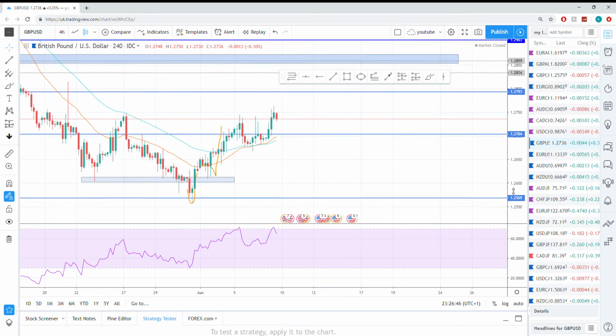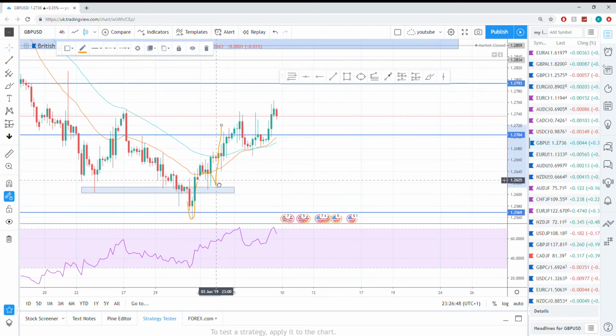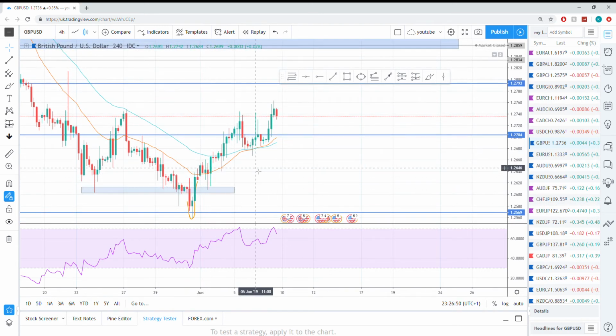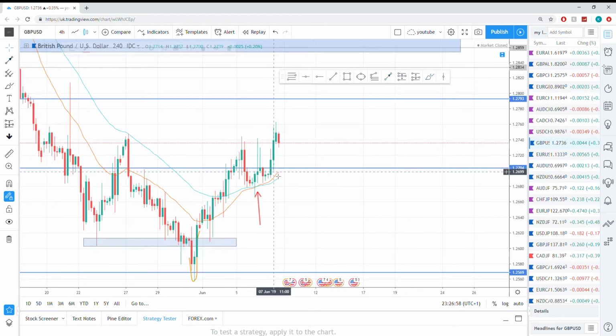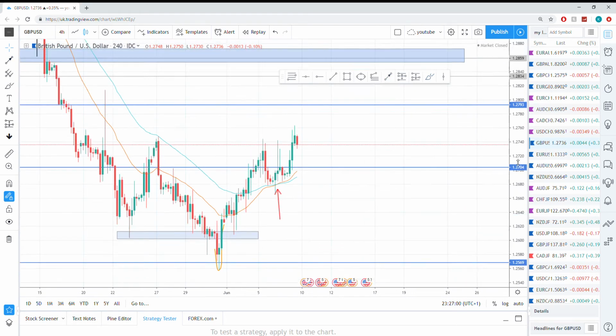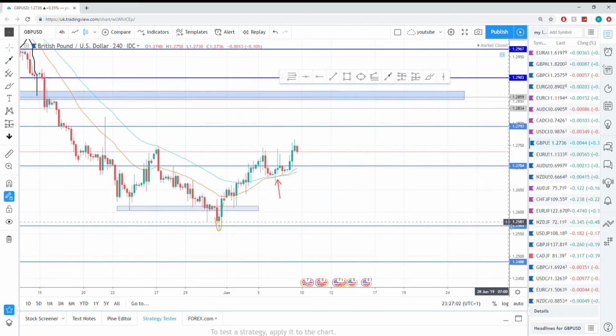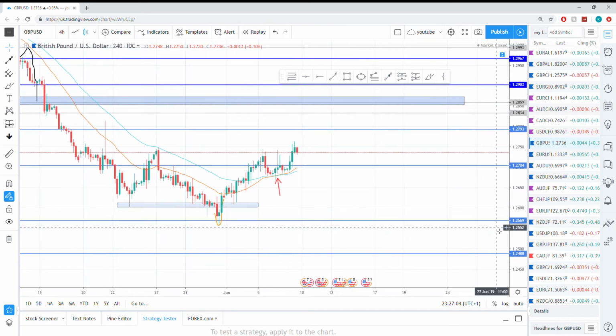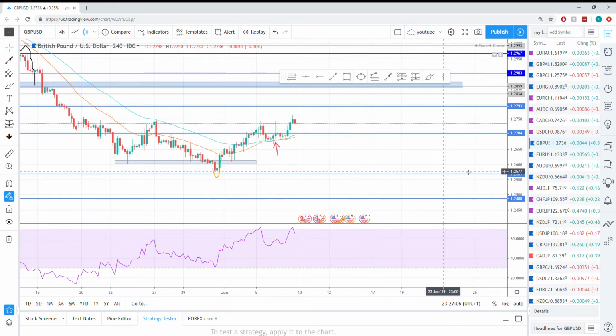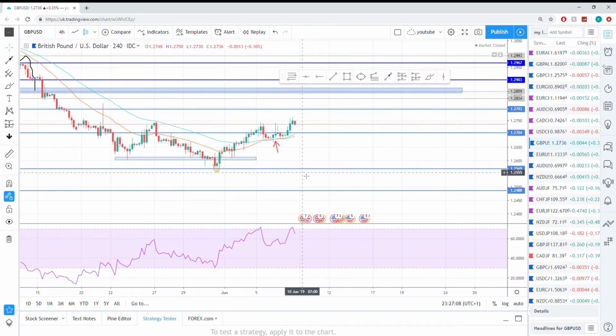So playing off of what we can see right here, if you look at my EMAs, we have the crossover here. So this is a perfect time to say that we are looking for our bias. We determine our bias by putting all these indicators together and getting a judge of what's actually happening.